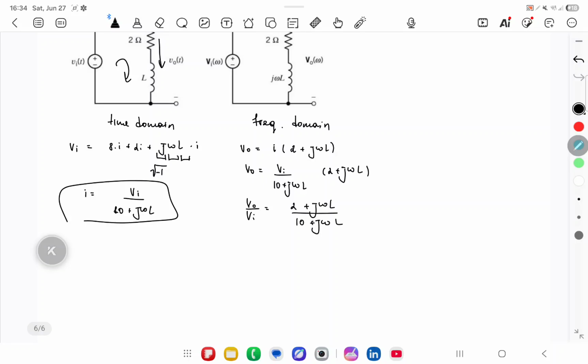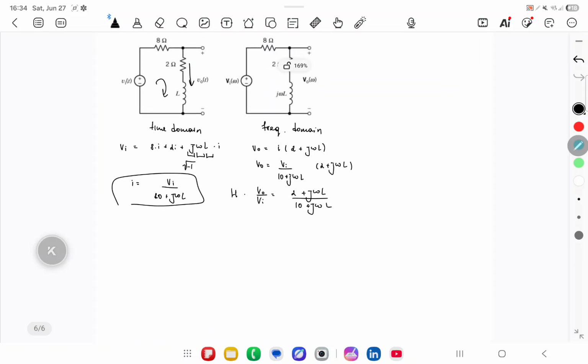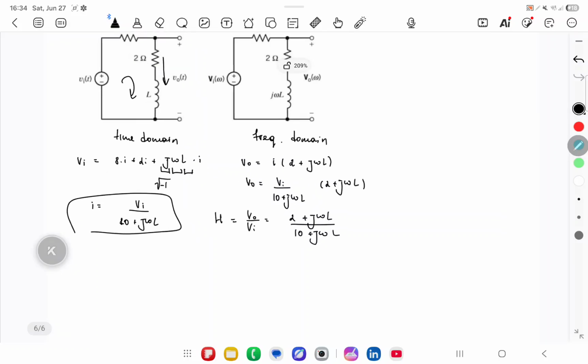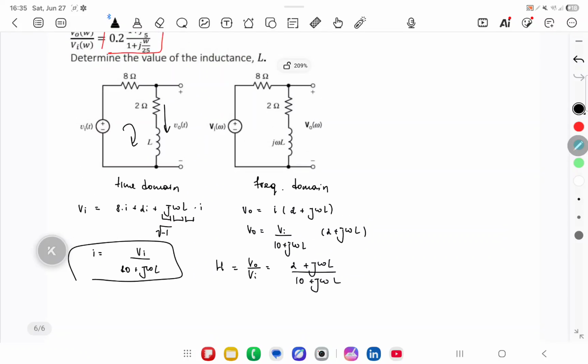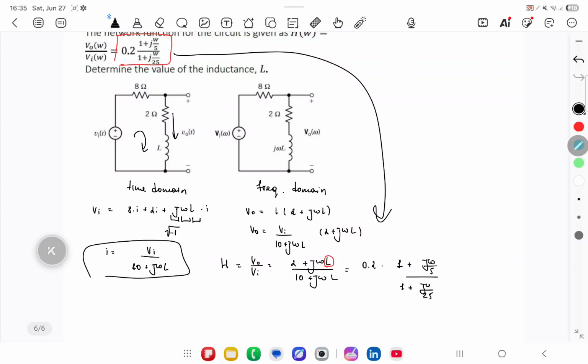This is, of course, nothing else but our network function, H. And since we're asked to find the unknown, the inductance L, we can now equate it to what has been given to us initially. So this is equal to 0.2 multiplied by 1 plus j omega over 5 over 1 plus j omega over 25.